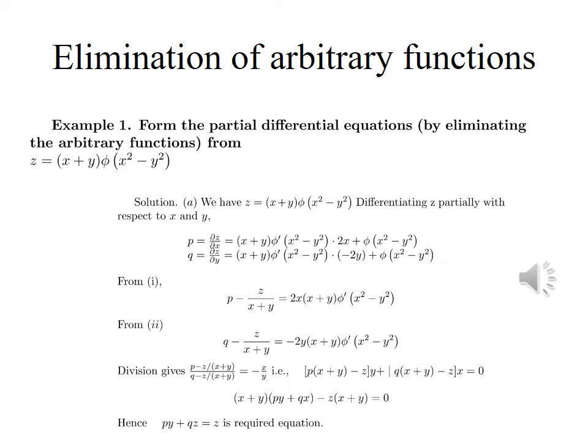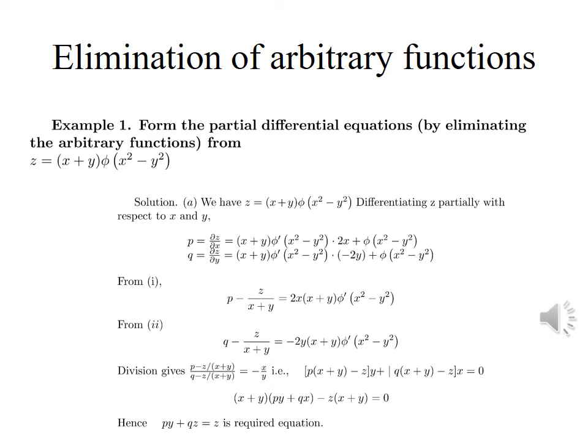Here also we use the same kind of method that we used for the formation of partial differential equations by eliminating arbitrary constants a and b. Here a slight difference will be there. We will discuss what it is. First of all we differentiate the given equation partially with respect to x and with respect to y.